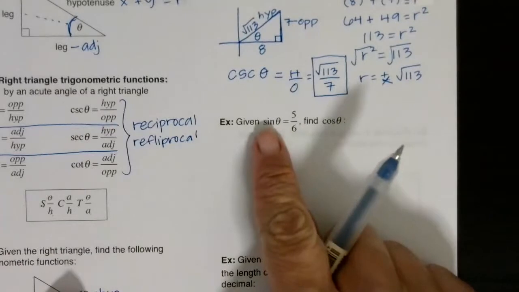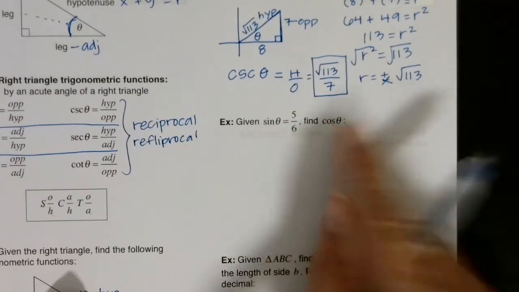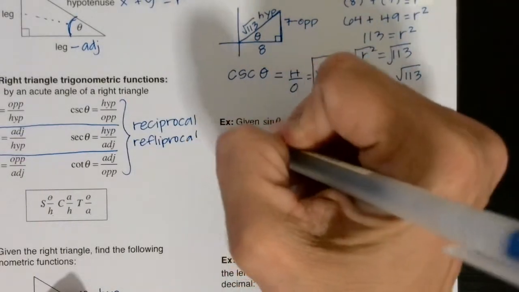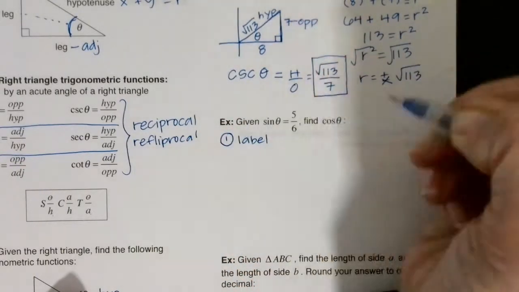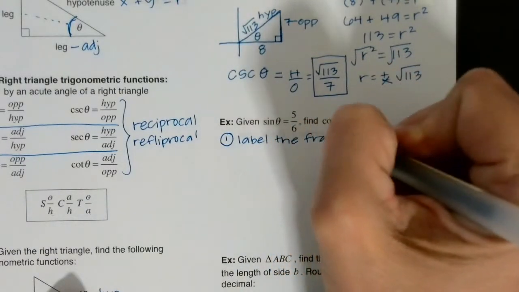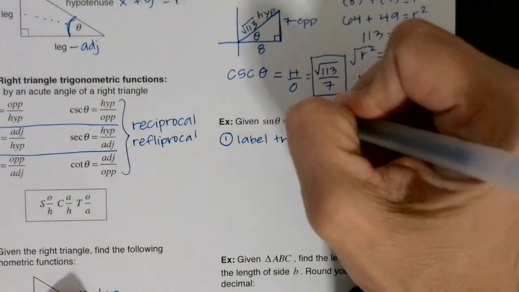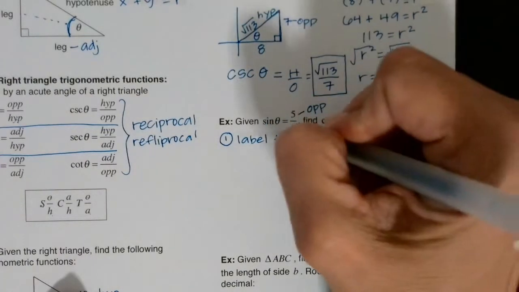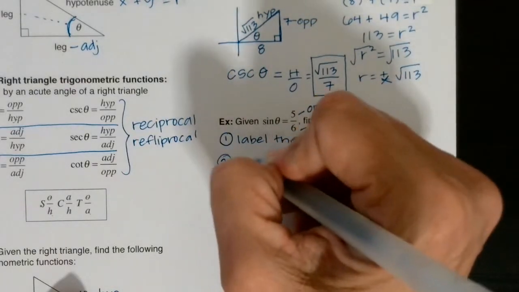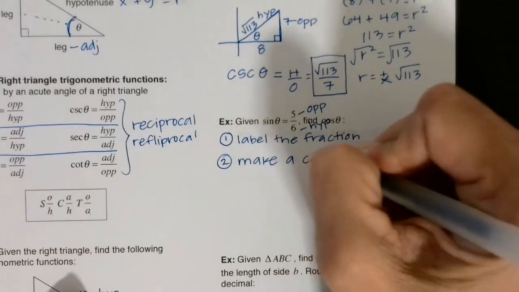We are given that the sine of the angle equals 5 over 6. Find the cosine of the angle. So if we're writing steps, 1, we're going to label the fraction. And if there isn't a fraction, you're going to make it a fraction by putting it over 1. So this is going to be opposite over hypotenuse. Then we're going to make a triangle, so I'm going to put corresponding triangle.